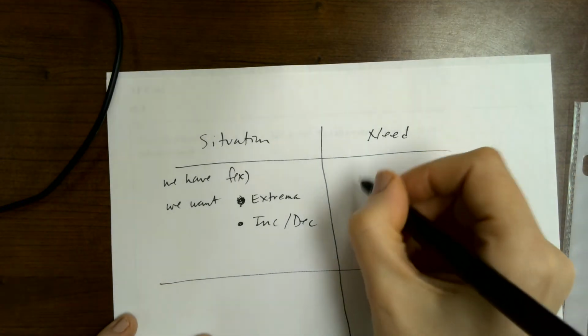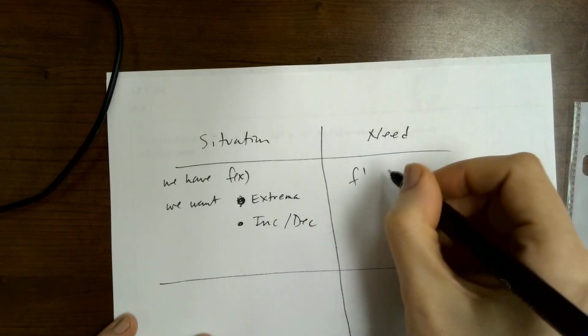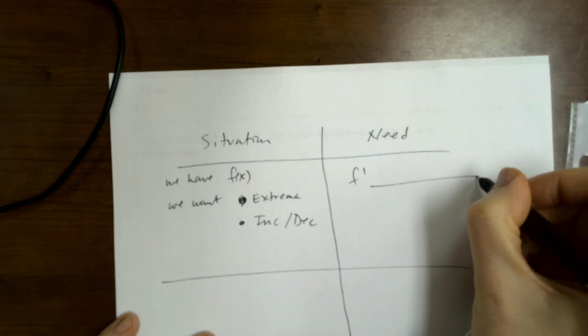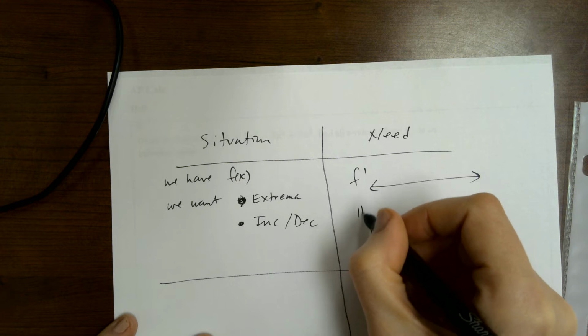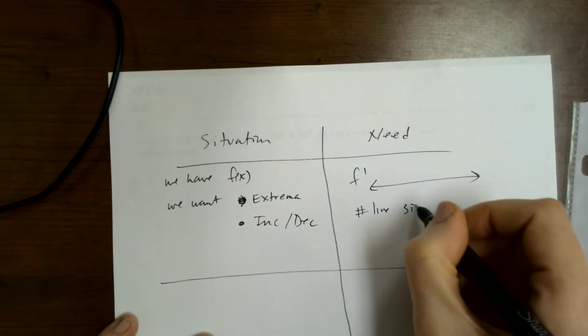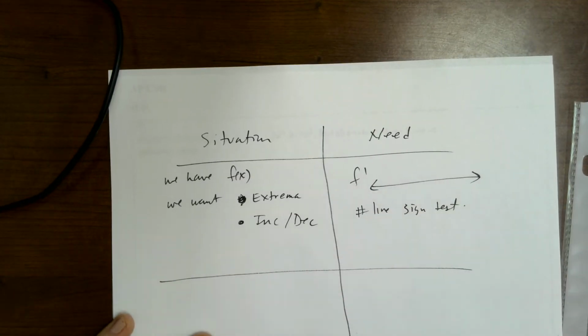We need an f prime sign test. F prime number line sign test. Okay.